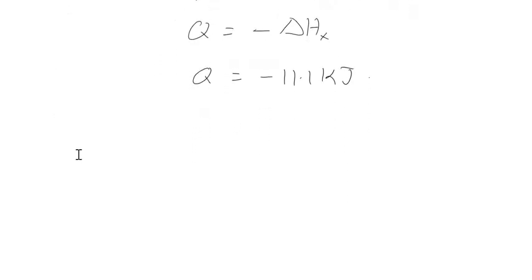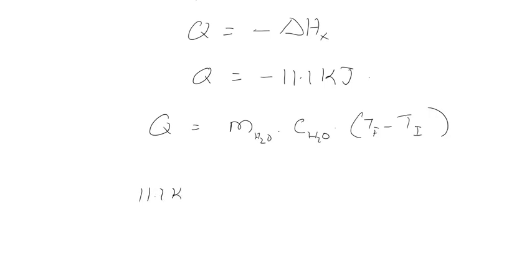Now we have the formula Q is equal to mc delta T. So we need the m of water, c of water, that is the specific heat capacity of water, and we have Tf minus Ti. So we have Q as negative 11.1 kilojoules. Mass of water is 200 grams.